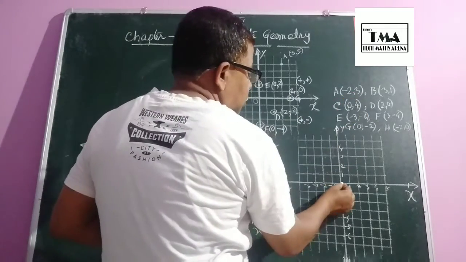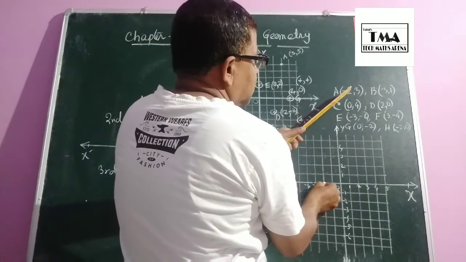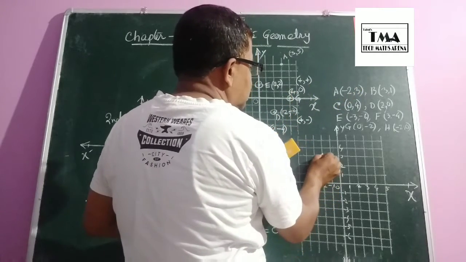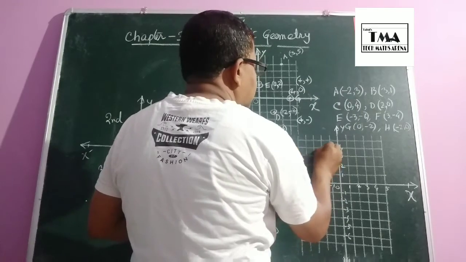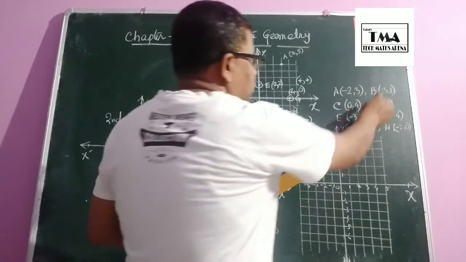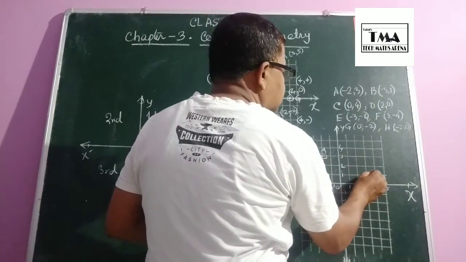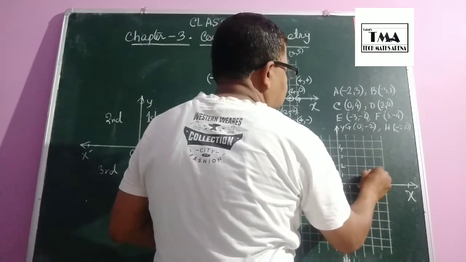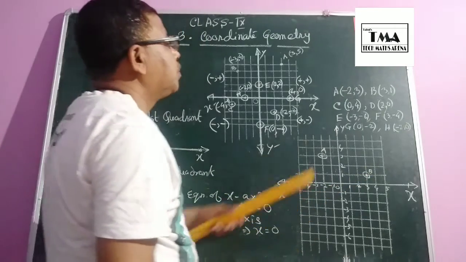So minus 2, that means 1, 2, this is minus 2, and then 3 in the positive direction, 1, 2, 3. So this point is A. Then B is (3, 1): 1, 2, 3, and 1. Both are positive, so the point is located in the first quadrant.